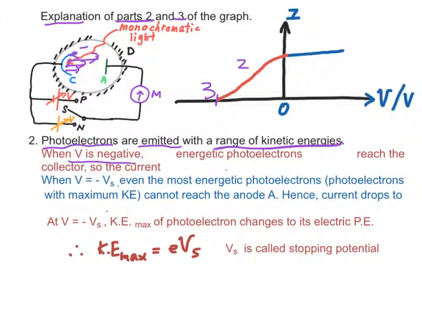When V is negative, that is, when the switch S is connected to N, in this case, less energetic photoelectrons cannot reach the collector. Therefore, the current will drop.